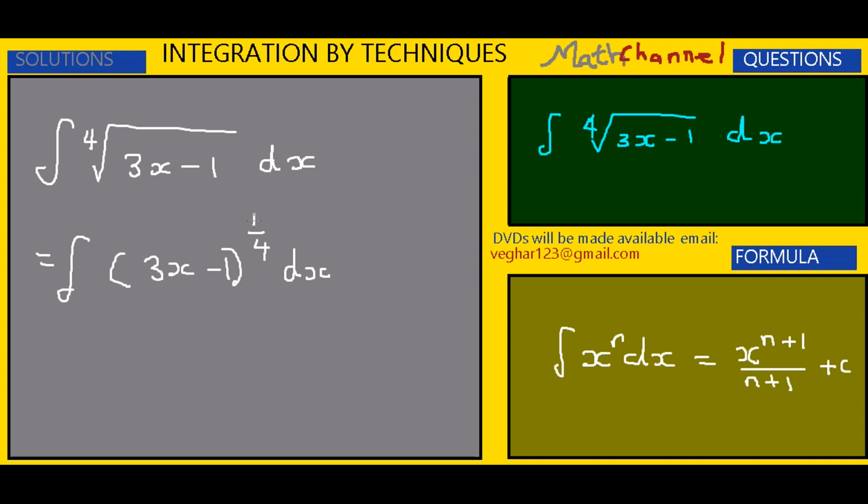So this one, you'll take it as the outside function. In your mind, you have to think like this, that you have something like this, and then you'll add one.